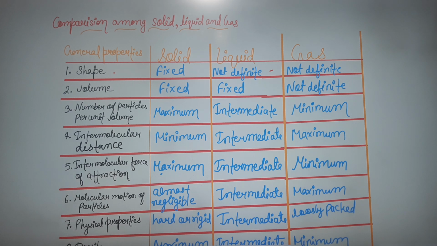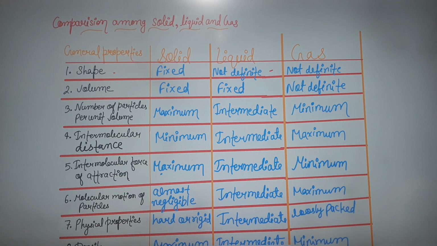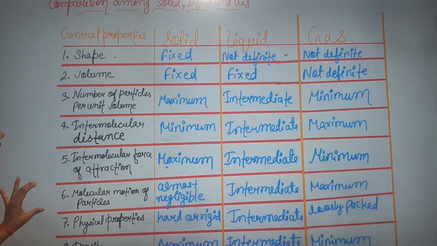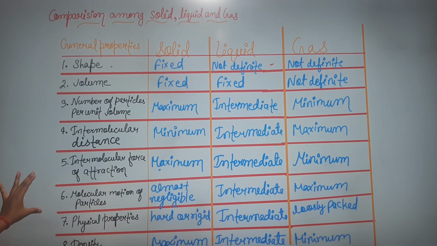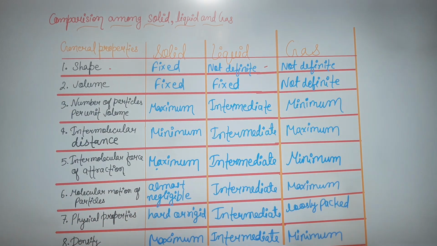In a solid, the intermolecular distance is minimum. That's why solids are generally hard. In liquid the intermolecular distance is intermediate, and in gas the intermolecular distance is maximum.